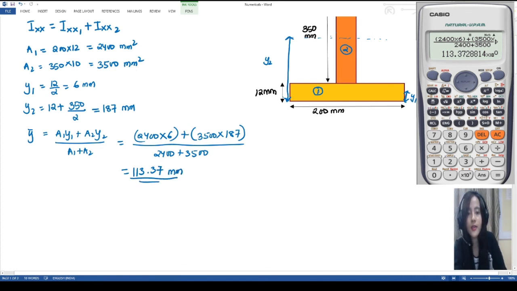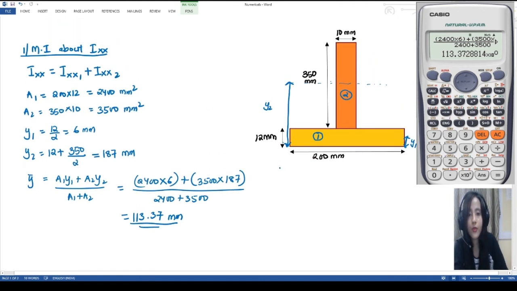So the X-axis will pass from around here, and the y-axis from around here, and this is my centroid G, and from here to here the distance is 113.37 mm, which is my y bar distance.